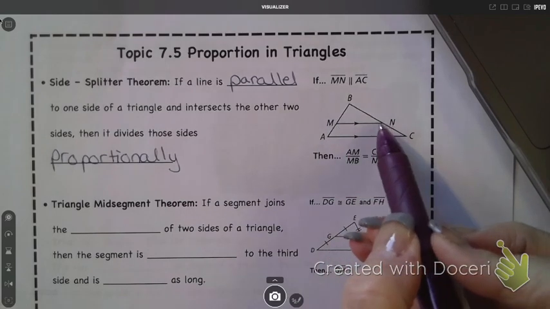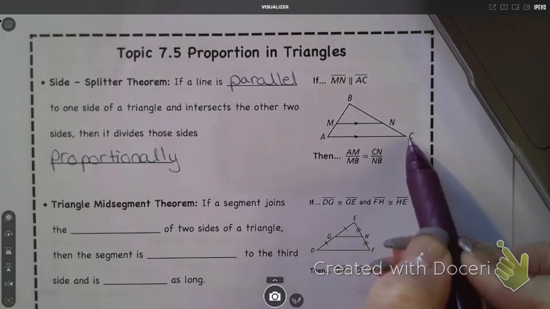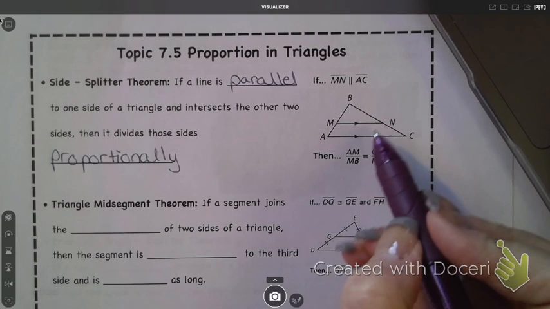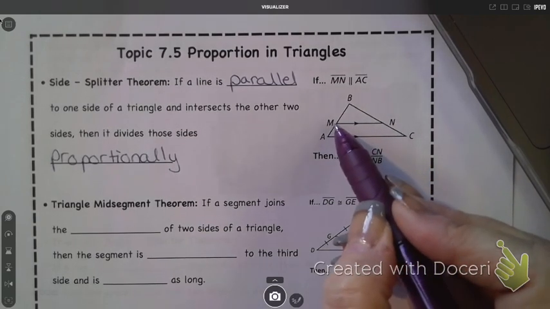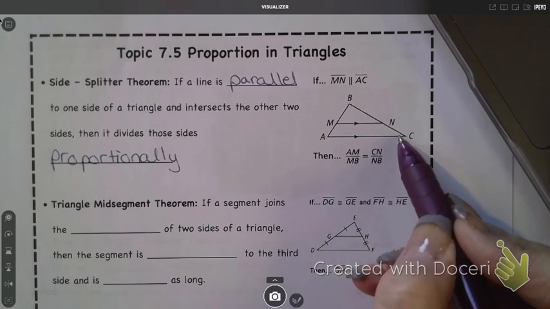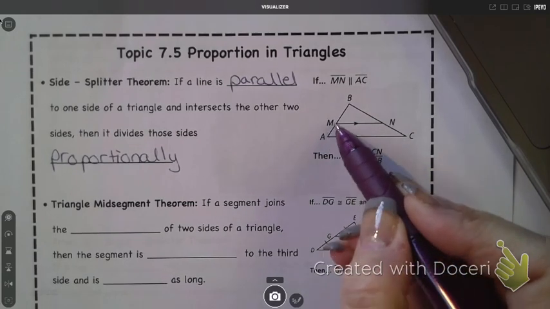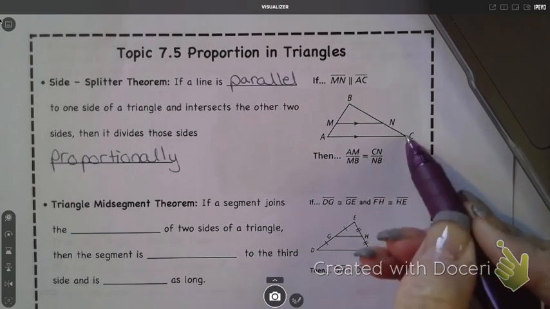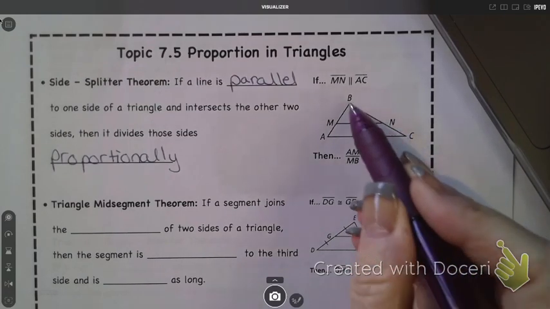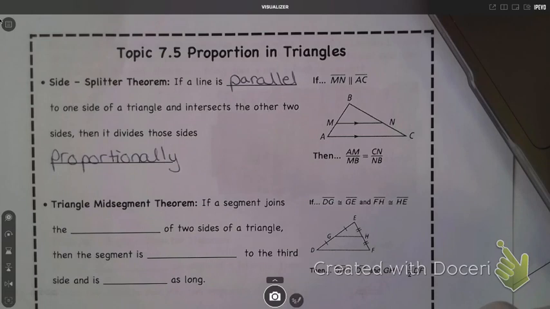MN, see it? Is it parallel to AC? Yes. How do I know? The arrows, right? So if MN is parallel to AC, that means AM over MB is proportional to CN over NB. That's what it says. That's it.